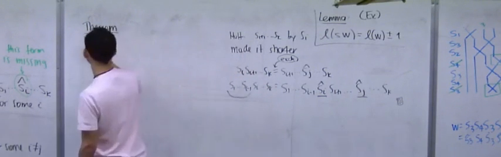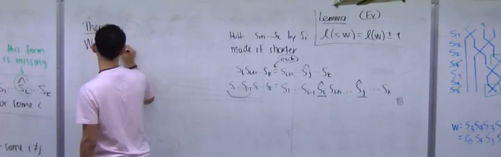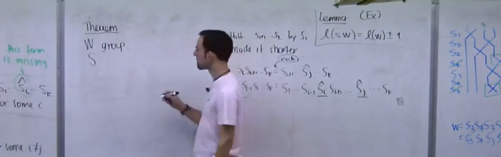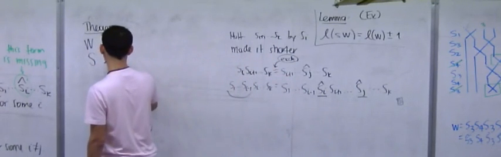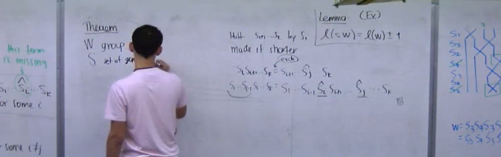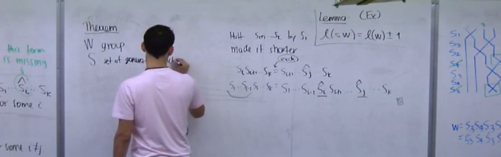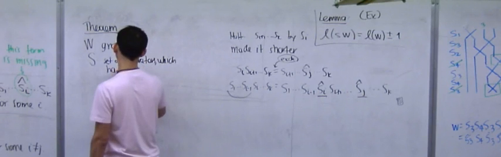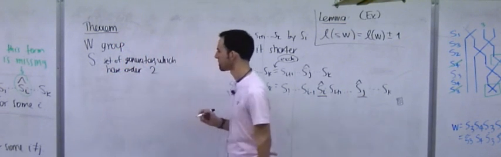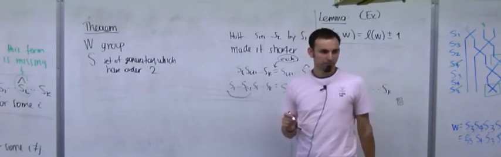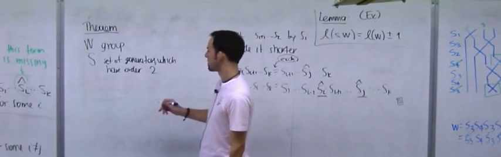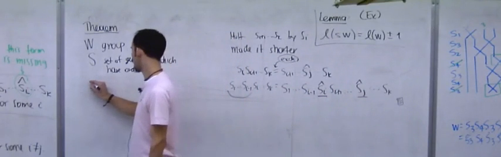Let's say that you have some group W, and let's say that you have some set of generators for the group. And all the generators are assumed to have order 2. So the following are equivalent.